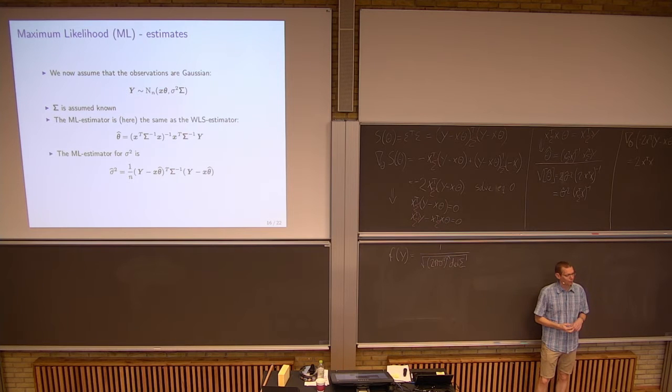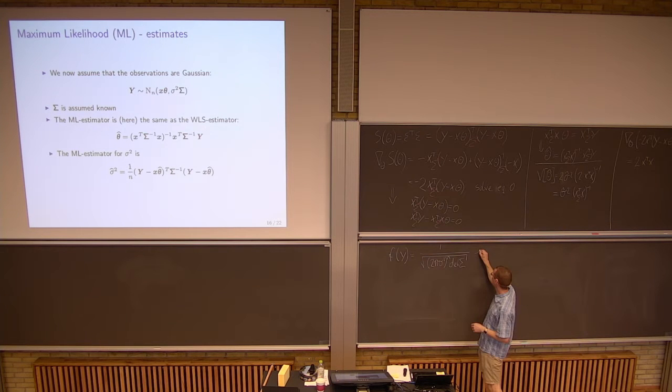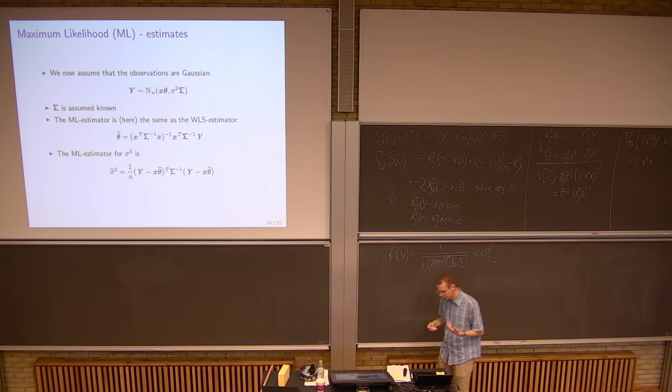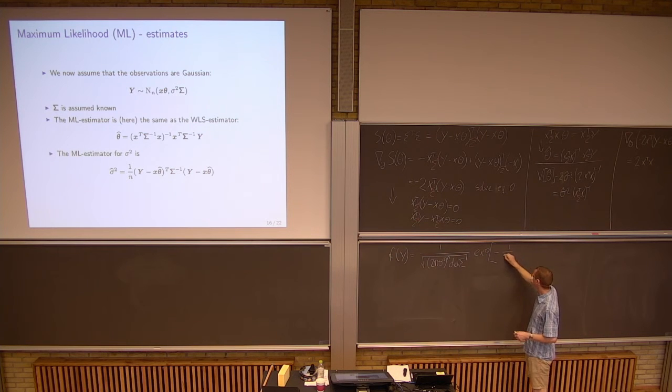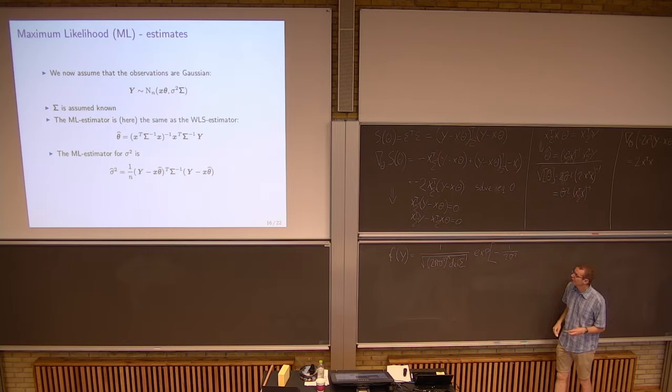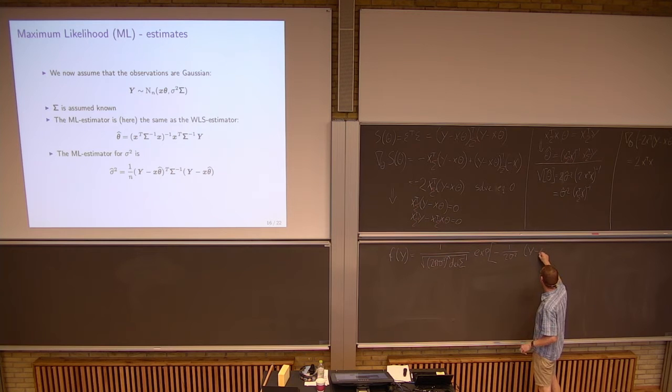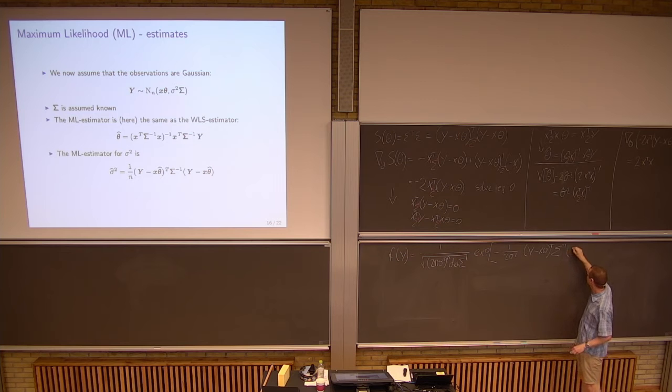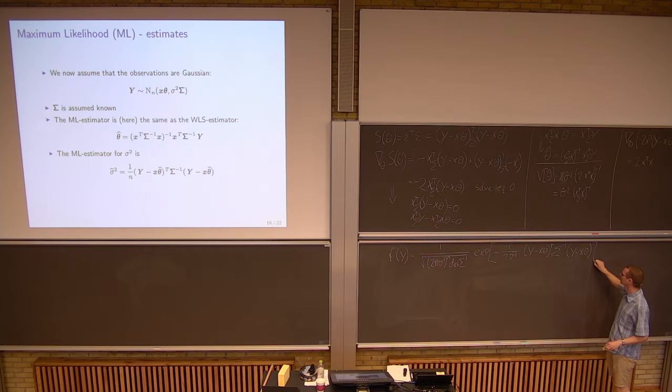So that's the pre-multiplier. And then you have the exponential of the usual thing that's in here. It's minus 1 divided by 2 sigma squared, and then the weighted inner product, y minus x theta transpose uppercase sigma inverse y minus x theta. So that is the density for the multivariate normal distribution.